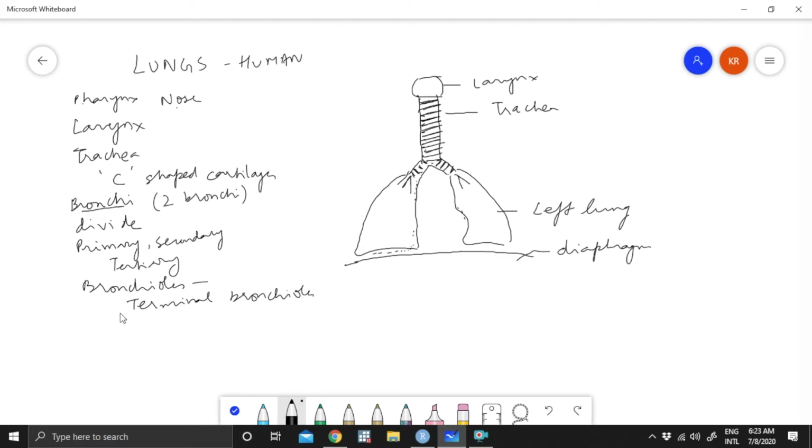In all except the terminal bronchioles there is presence of cilia internally.